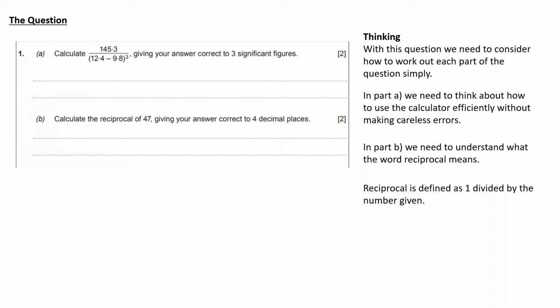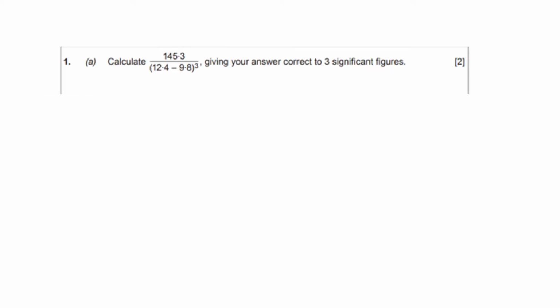And as I've said there, reciprocal is 1 divided by the number given. And obviously as we work through this question, it will become apparent as to how we work it out. Now in question 1A, we have that. And notice that it says give your answer correct to 3 significant figures.